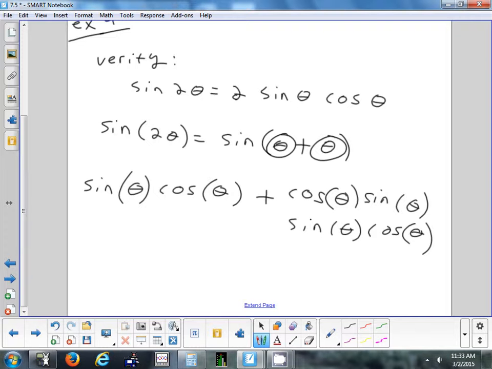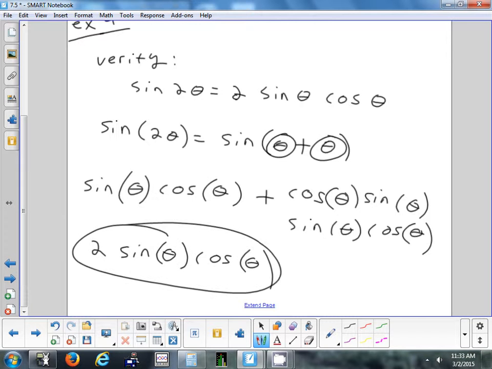James, how many sine times cosines do we have? 2. Sine times cosine. So we just proved that sine of 2 theta is the same as 2 sine theta cosine theta. We're not going to prove the other identities.